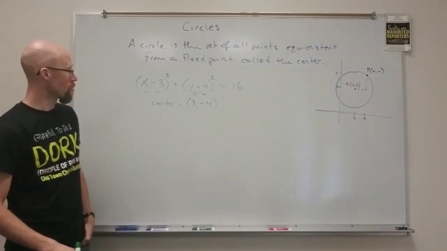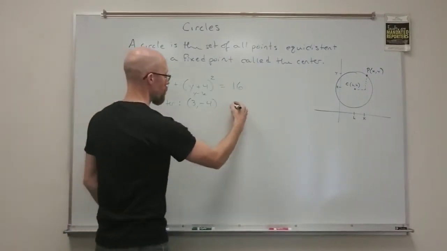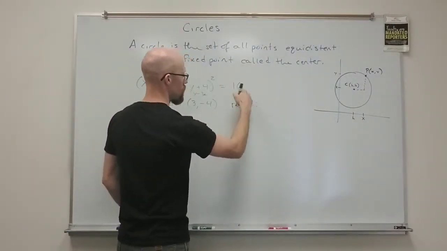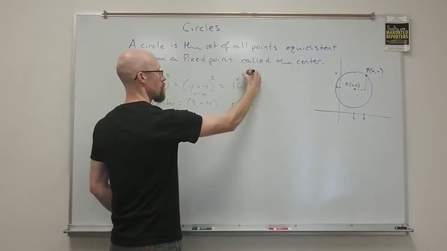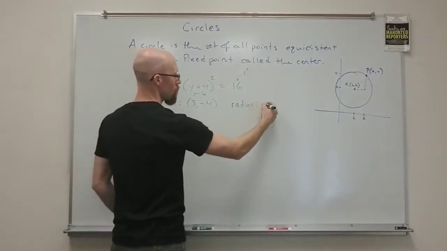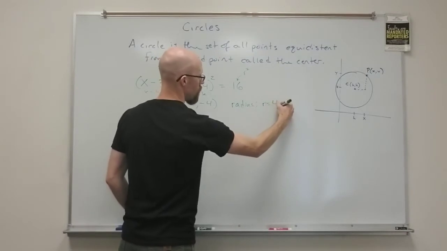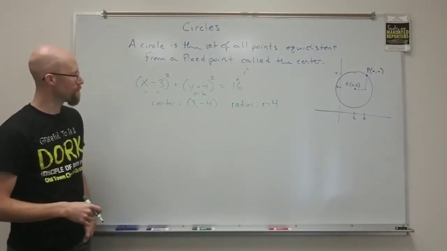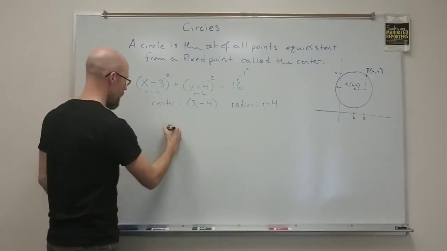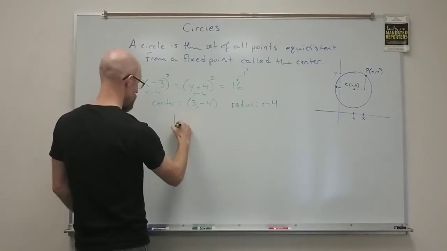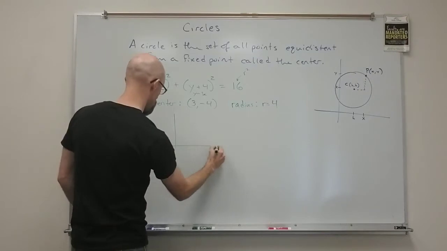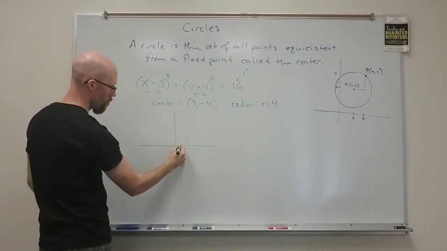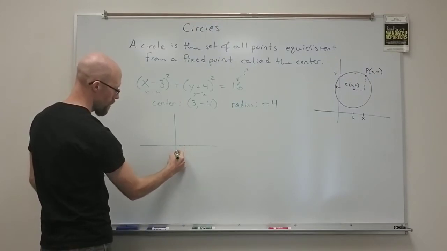So (3, -4) is the center, and the radius is this number here, which is going to be r squared, which means the radius would have to be 4. It's the square root of whatever that number is. So I could then plot that circle. If I were to center that at (3, -4), I go over 3 to the right, down 4.